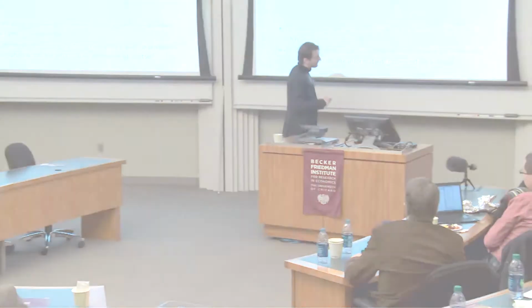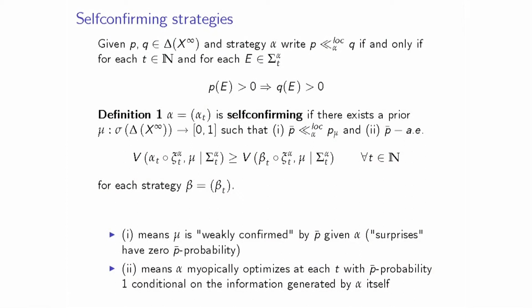So our notion of self-confirming equilibrium. The notion of self-confirming equilibrium we are dealing with has just one key feature that needs an extra piece of notation. It's a notion of weakly confirmed beliefs, and it relies on a notion of local absolute continuity.